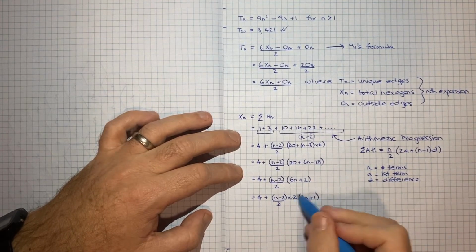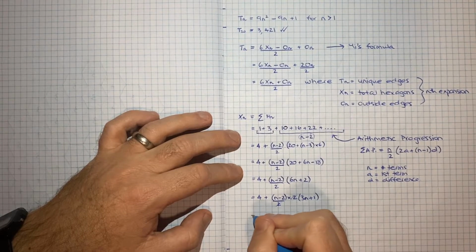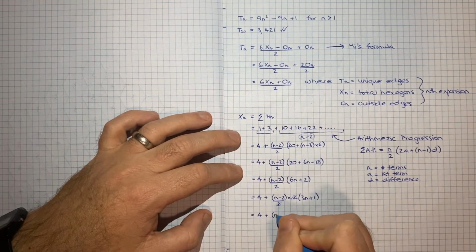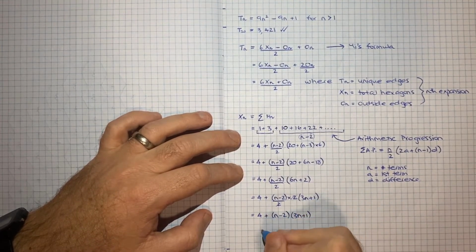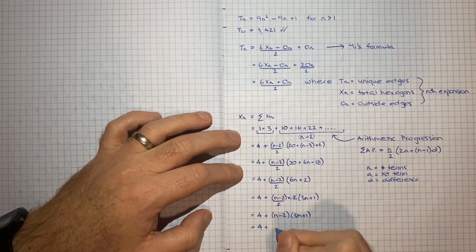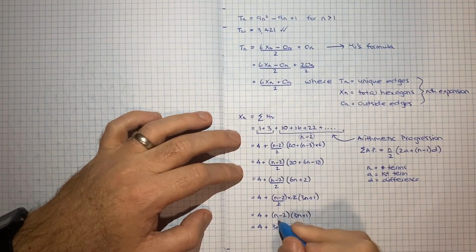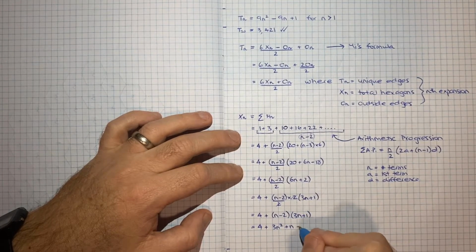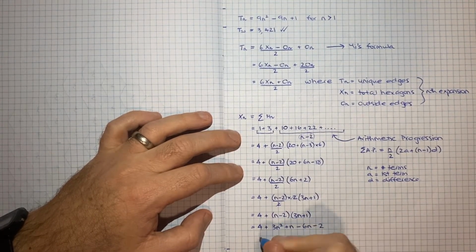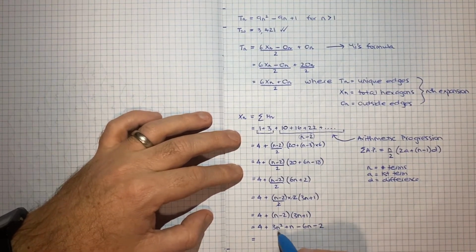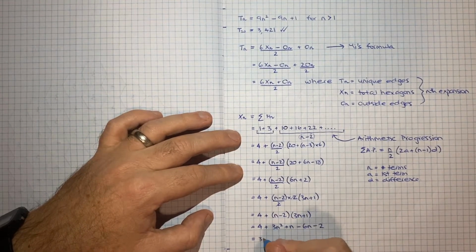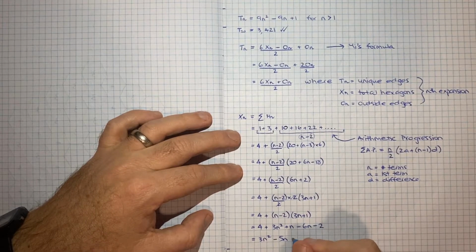And what that means is these 2's will cancel, so we'll get 4 plus n minus 2 times 3n plus 1, and I might just expand that. So that will be 4 plus 3n squared plus n, minus 6n minus 2. Bringing all that together, we'll have our 3n squared, n minus 6n would be minus 5n, and then 4 minus 2 would be plus 2.